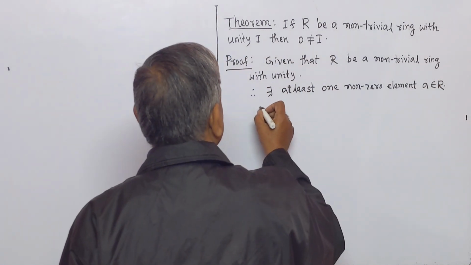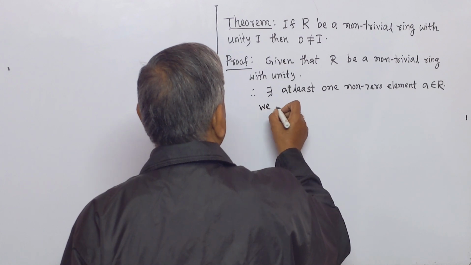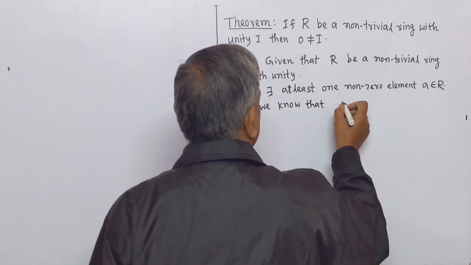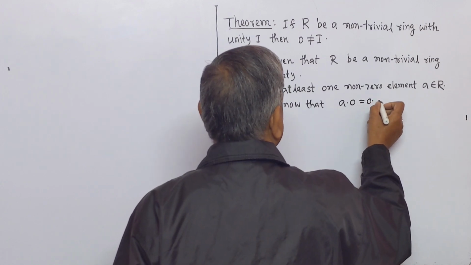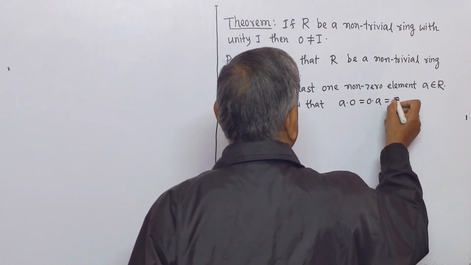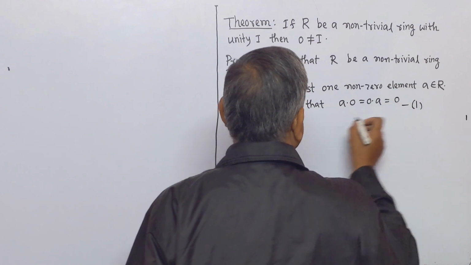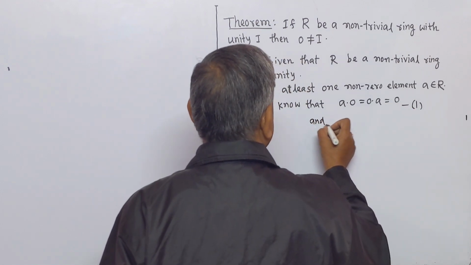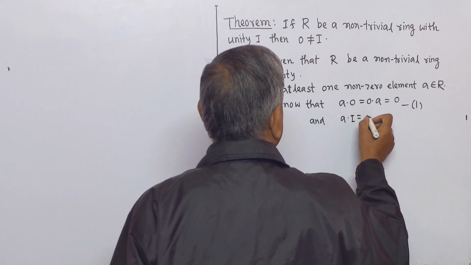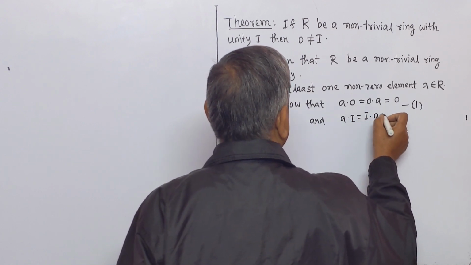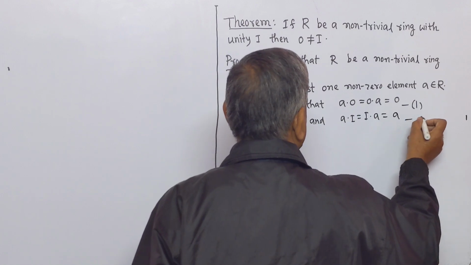And we know that A multiply 0 equal to 0 multiply A equal to 0. This is number 1. And A multiply unity equal to unity multiply A equal to A. This is number 2.